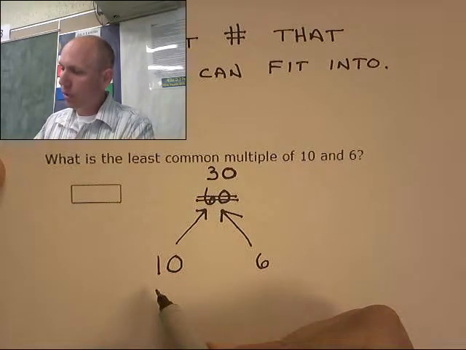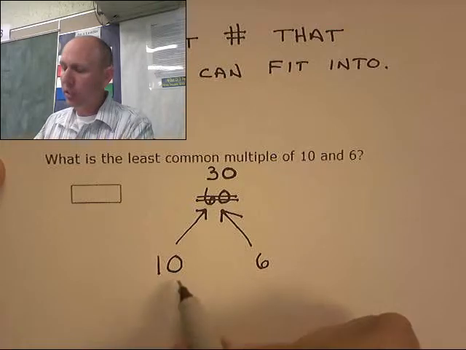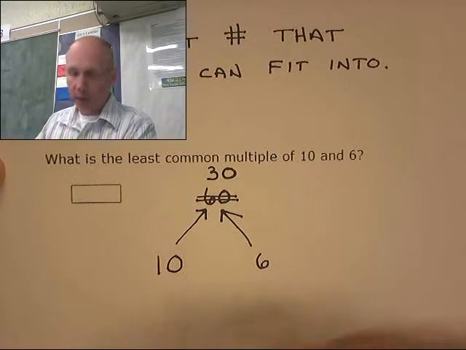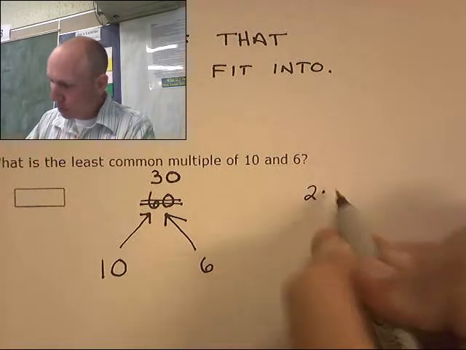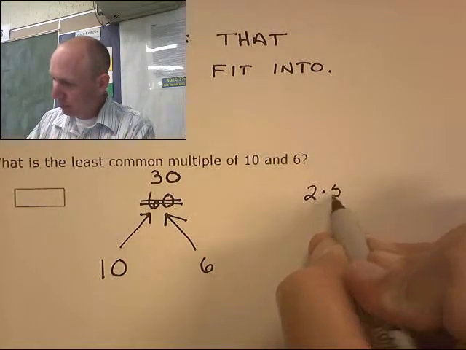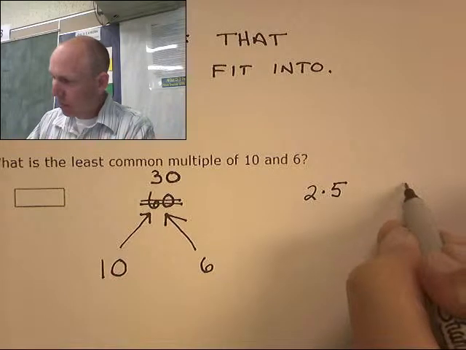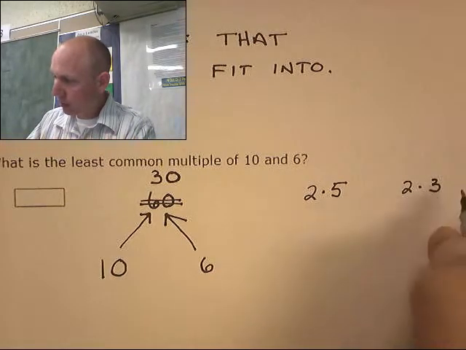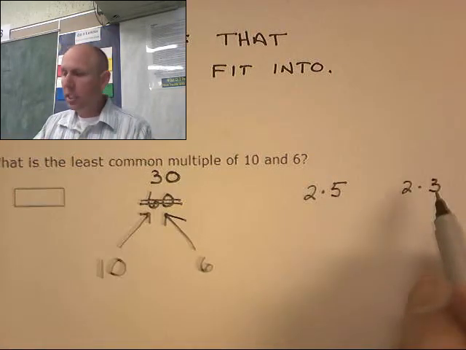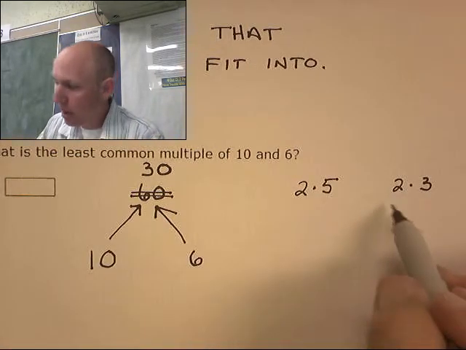It's similar to the GCF, excuse me. I'm going to prime factor this. What makes a 10? 2 times 5. And what makes a 6? 2 times 3. Now for the GCF, I was looking for pairs.